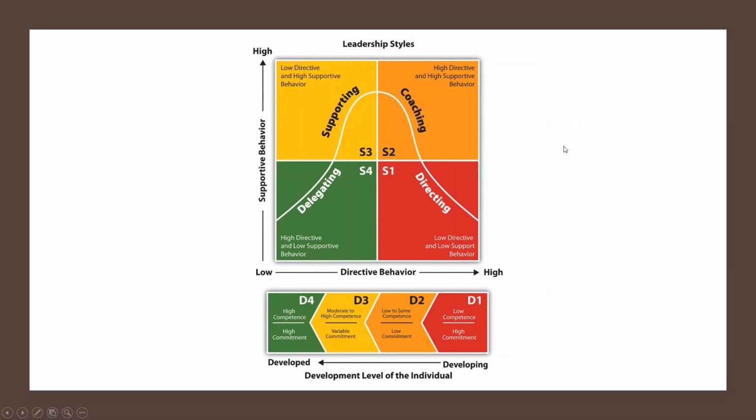Now, the model that often we see, and it's very popular, is Hersey and Blanchard's situational leadership model. And I'm sure you've seen this somewhere along the way. I think it's a great model because it takes into consideration the maturity of the team.